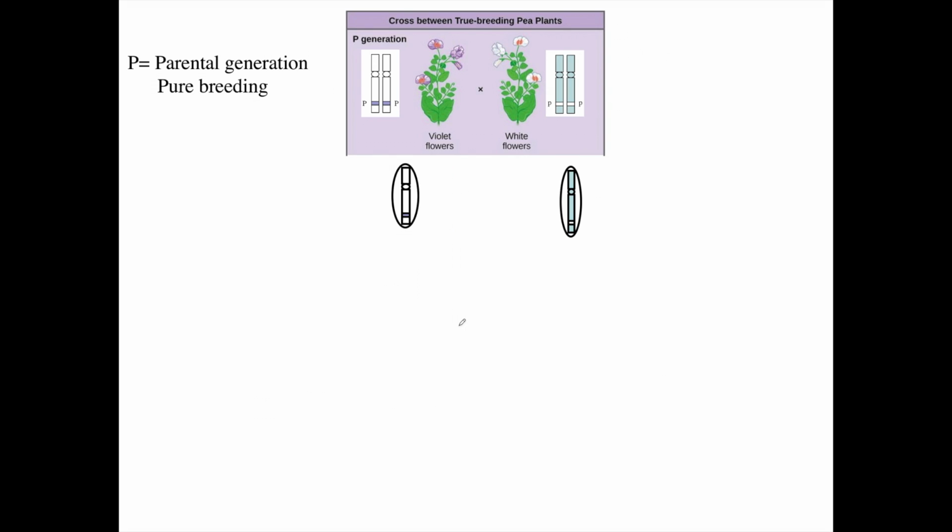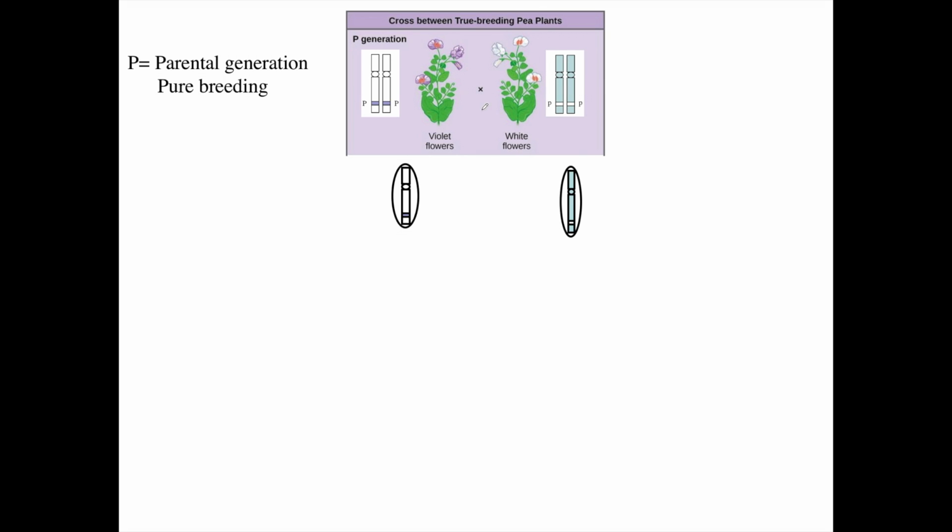Okay, so now let's take a look at the law of segregation in context of the crosses that Mendel performed. So here we have true breeding or pure breeding parental strain. What does that mean? If it's pure breeding, that means that the individual is homozygous. Both alleles are the same. With a white plant, both alleles are the same. It's true breeding.